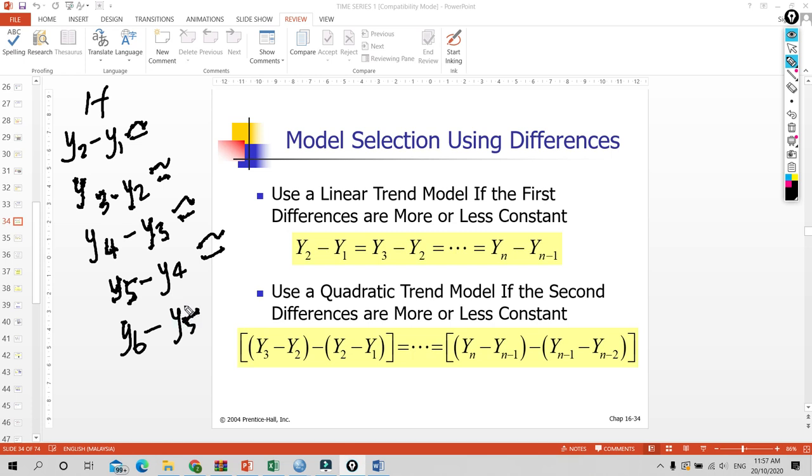Okay, if approximately equal, meaning more or less constant, then we use the linear trend.